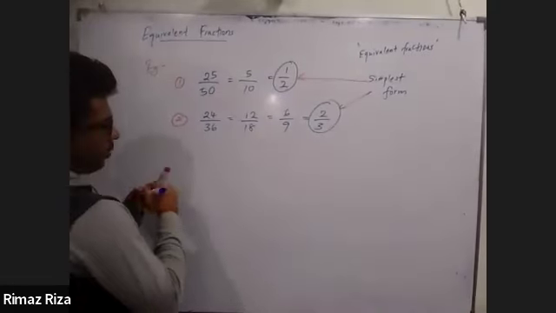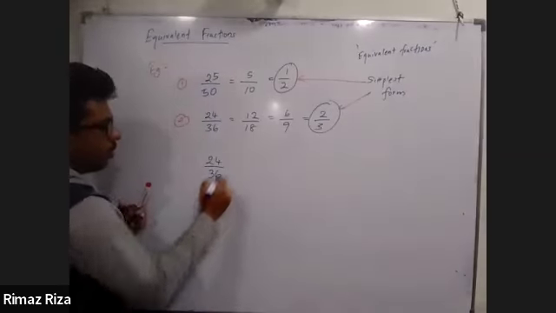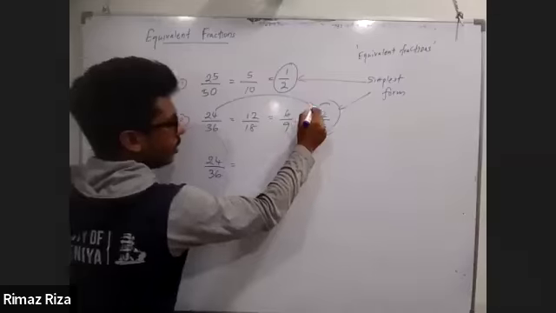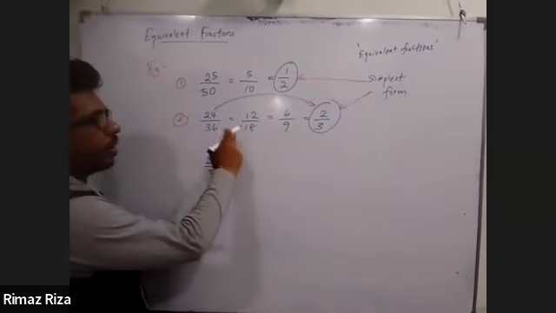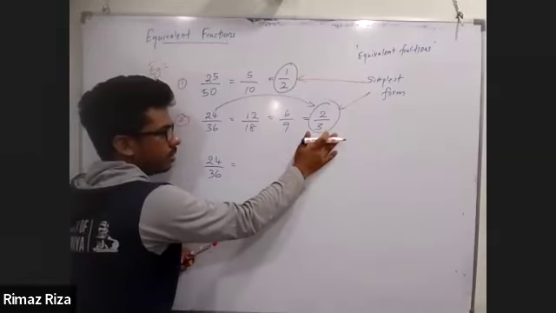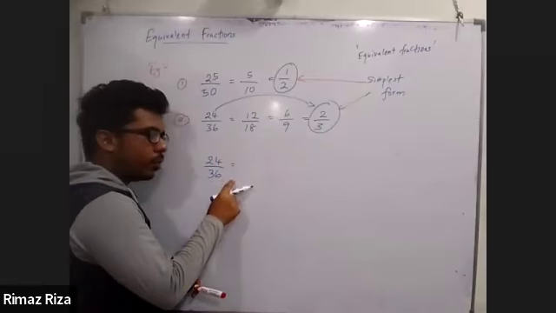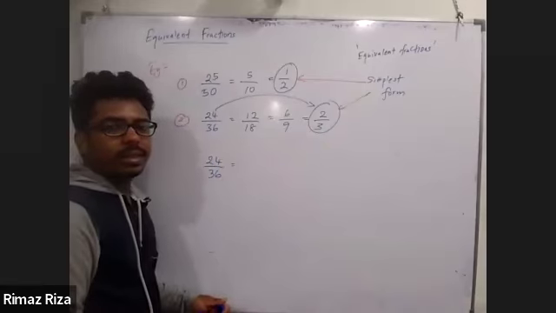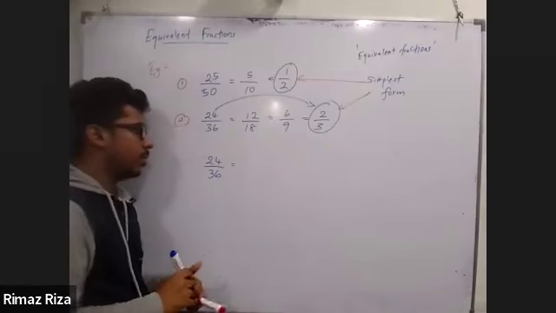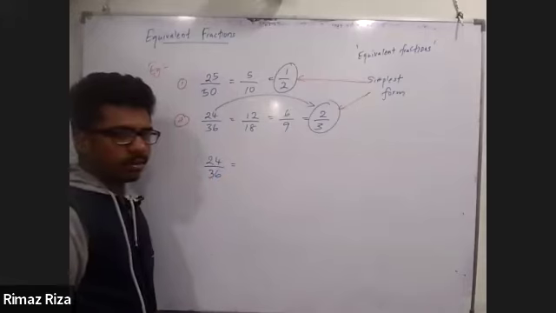The other method, taking the example 24 and 36, is to quickly get the answer by dividing the numerator and denominator by the HCF, the highest common factor. So tell me, what is the highest common factor of 24 and 36?